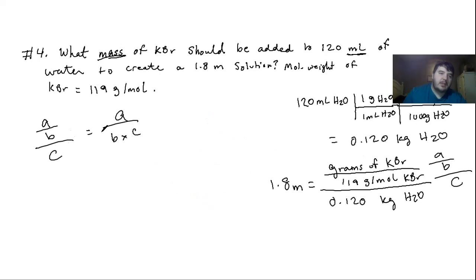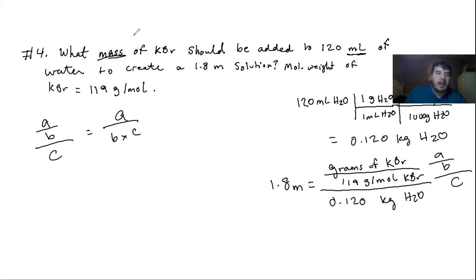So I can take this 119 grams per mole and multiply it by the 0.120 kilograms and get a value, then easily convert it over to the 1.8 molality.